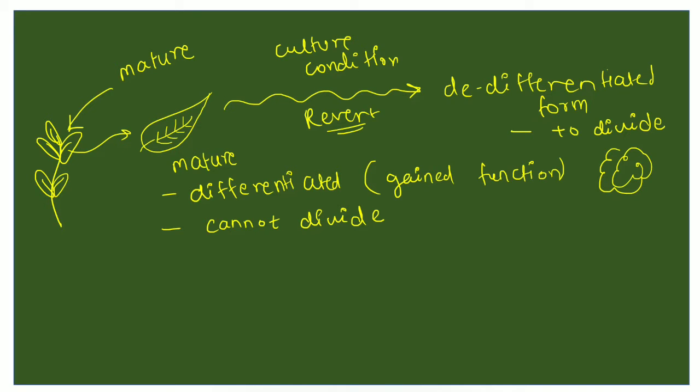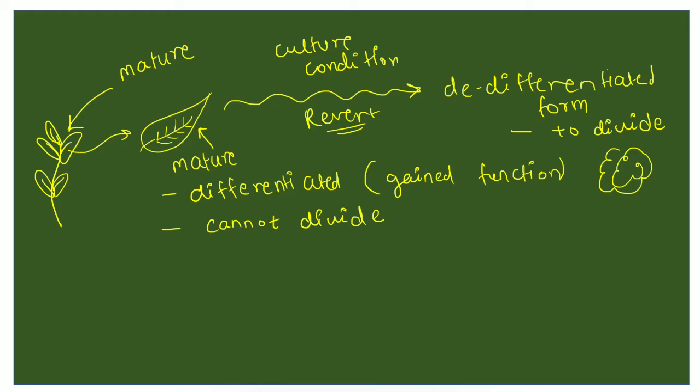The phytohormones you use initiate a signaling process in the mature cells in culture condition. Now I'm going to show you a picture for a clear view of what callus is. I hope you understood this point.